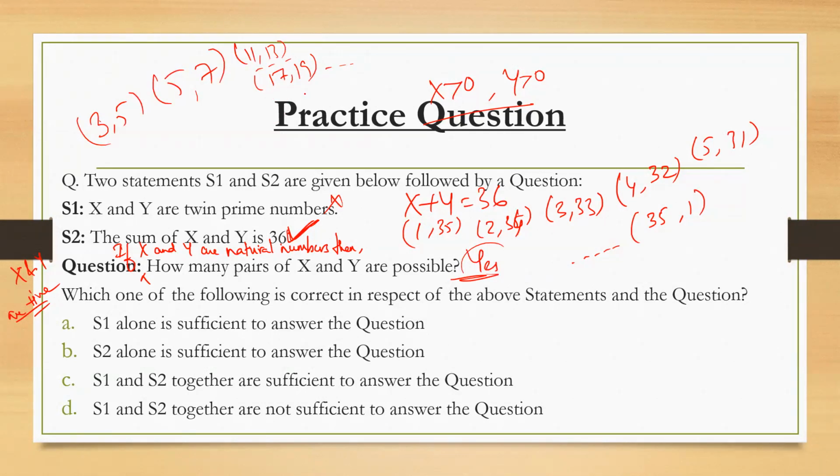ठीक है? And now, why are we not going for combining? Definitely, if I combine both statement 1 and statement 2, I will still get the answer. But that is the reason I told you in the first class what order you have to go for. We have to see the order.